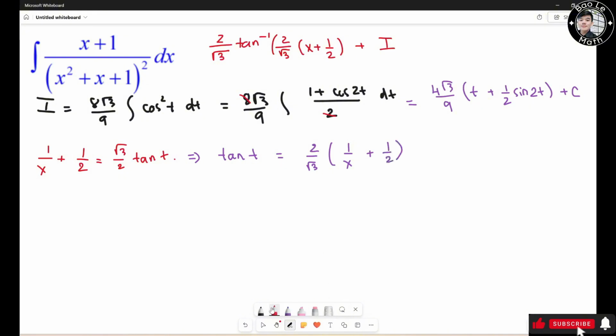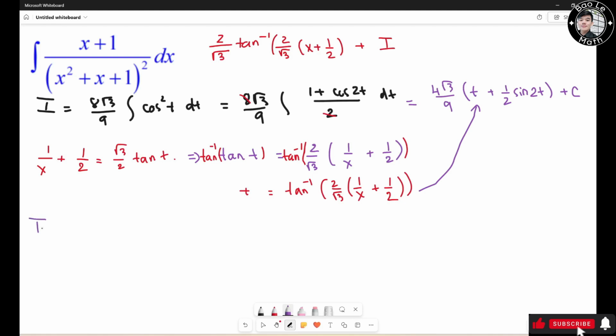Now we need to take tangent inverse of both sides, so it turns out to be t equal to tangent inverse of 2 over root 3 times 1 over s plus 1/2, right?